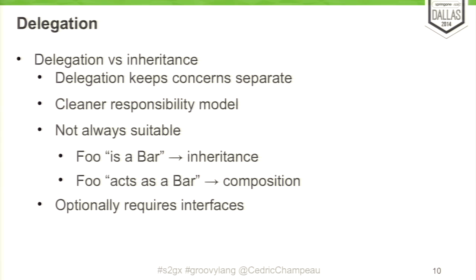Okay, so often the question is, where should I use delegation? Where should I use inheritance? Normally the answer to that question is, can you say "is a"? If you can say foo is a bar, then the answer is inheritance.